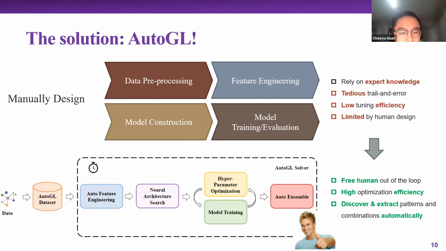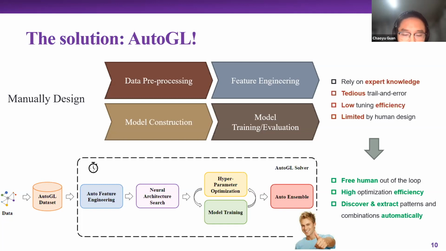Then the architectures are trained and optimized in an iterative way to optimize both the learnable architectures, the learnable parameters, and other hyperparameters related to models and the training procedure. At last, an auto ensemble is performed to make use of all the best models found in the previous pipeline and construct a more powerful system.